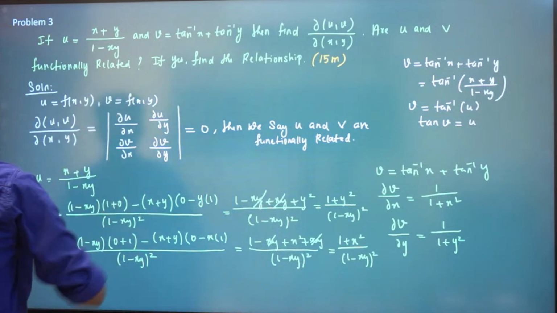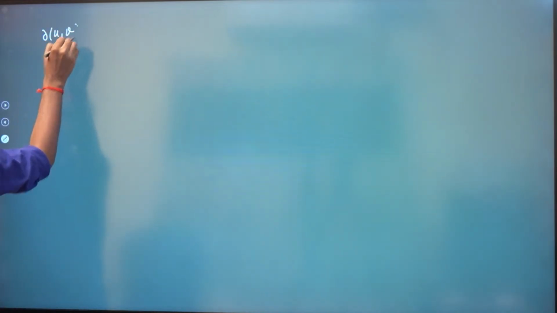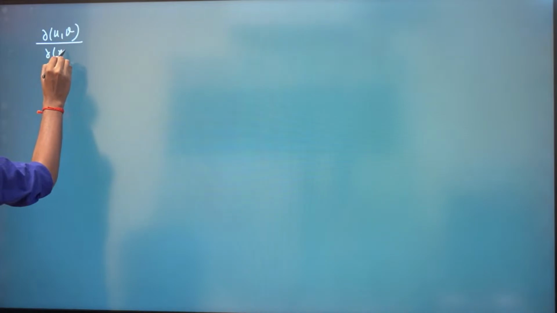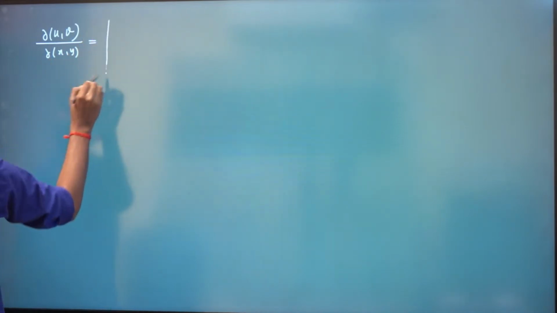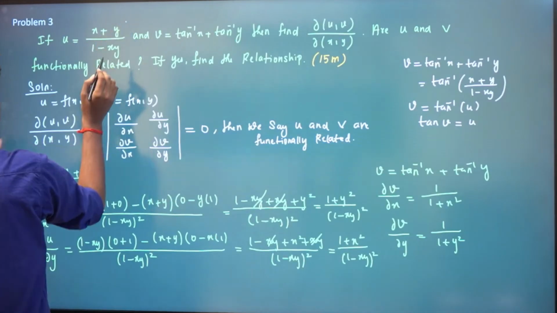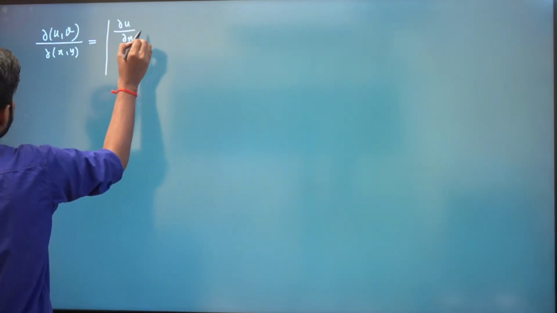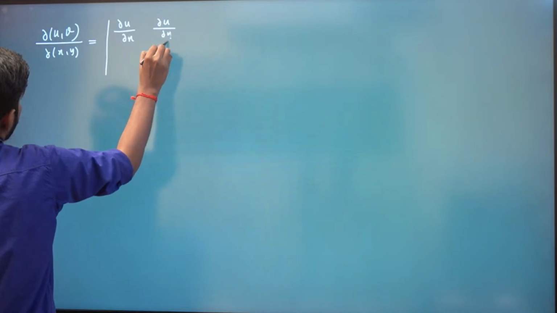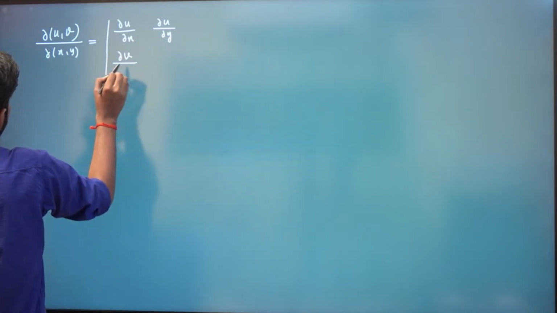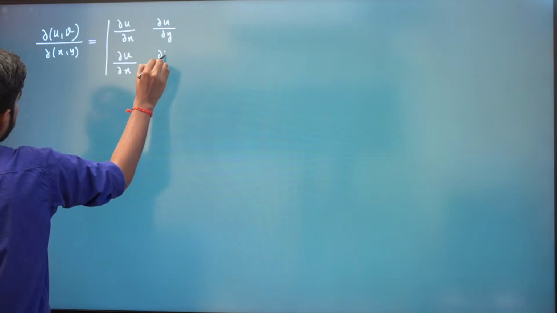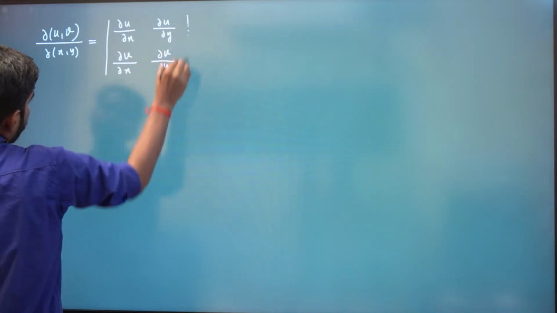Now find dou of u comma v by dou of x comma y. Dou of u comma v divided by dou of x comma y, which is dou u by dou x, dou u by dou y, dou v by dou x, dou v by dou y.